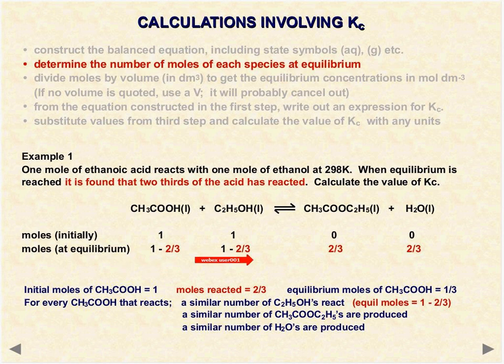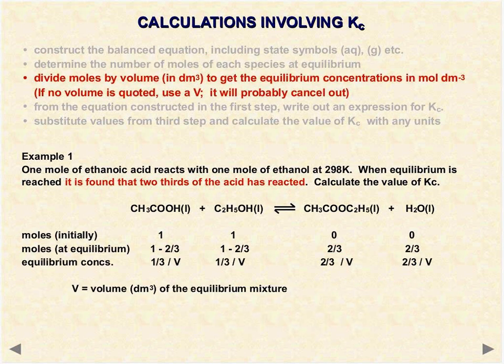This becomes 1/3, and you have to add 2/3 moles of acetate and 2/3 moles of water. The next step is to divide by the volume of the mixture. So 1/3 by V, 1/3 by V, 2/3 by V, 2/3 by V.